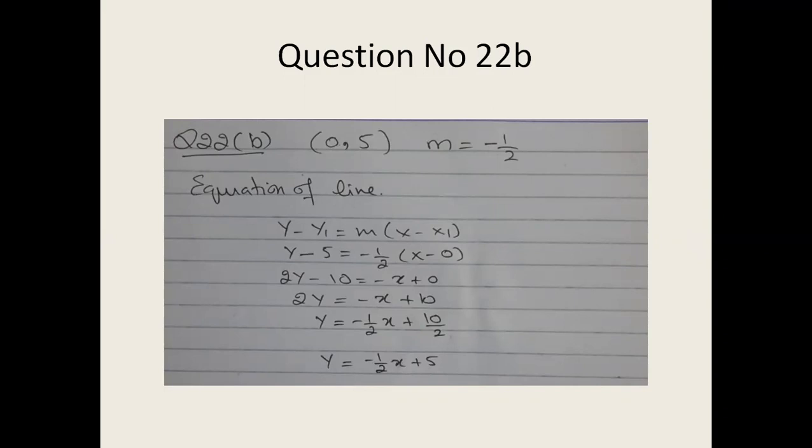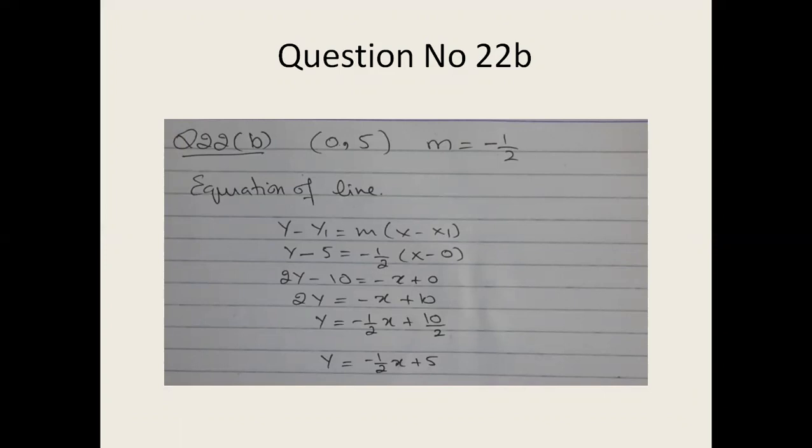So m is equals to minus 1 by 2, same gradient because they are parallel. So the equation of the line will be y minus y1 equals to m bracket x minus x1. So substitute the value of the x1 and the y1. So we will have y minus 5 equals to minus 1 by 2 bracket x minus 0 bracket close.